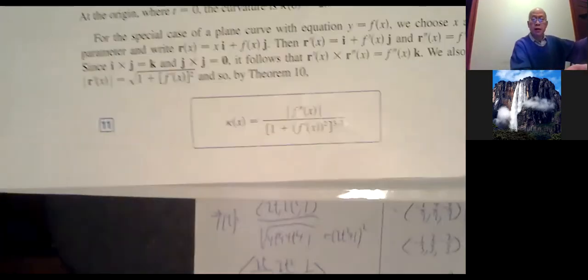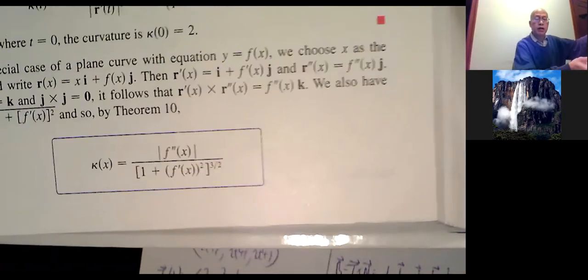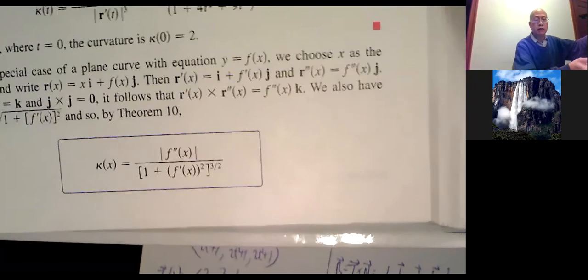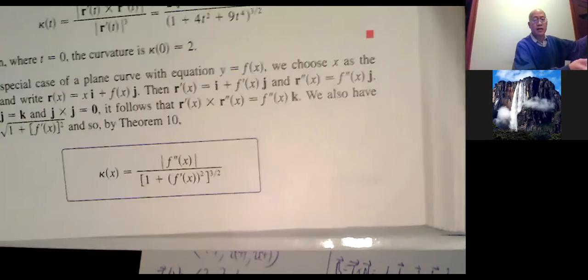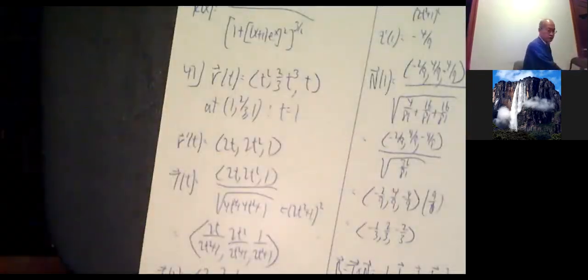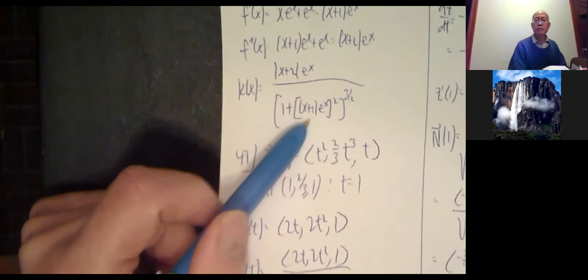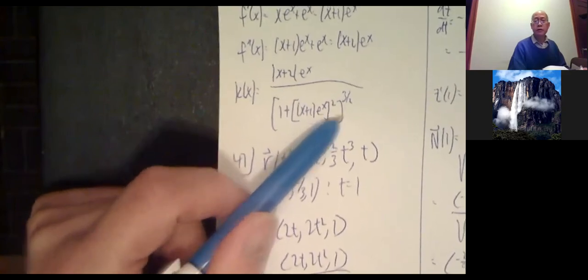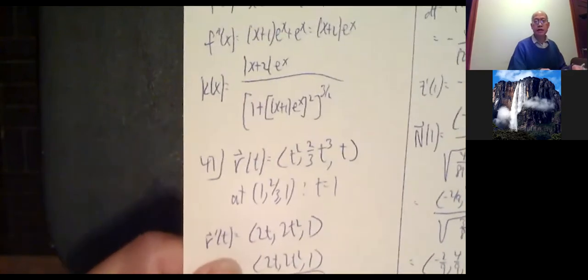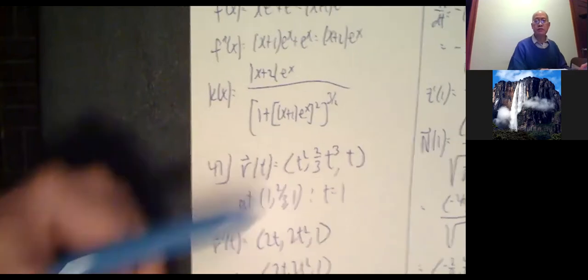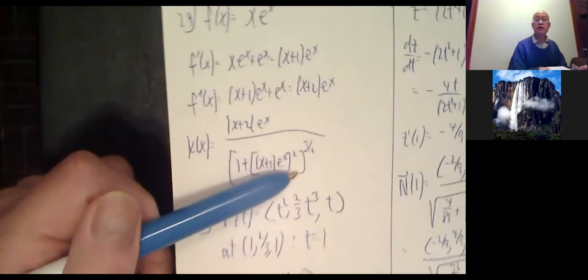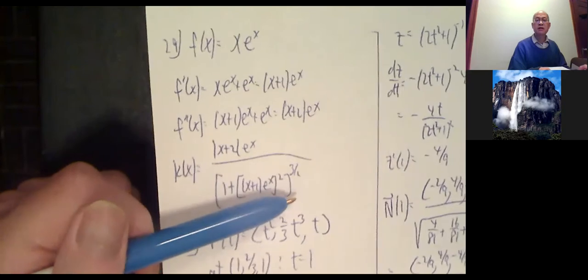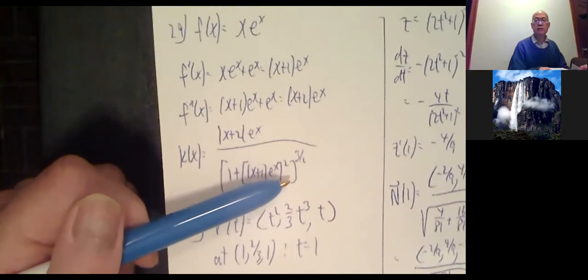It goes on the bottom, 1 plus derivative squared all to the 3/2 power. Not very nice in general, but that's the way it goes. So there it is, 1 plus f prime squared, whole thing to the 3/2 power. And just stop there. Just leave it alone. That's about it.